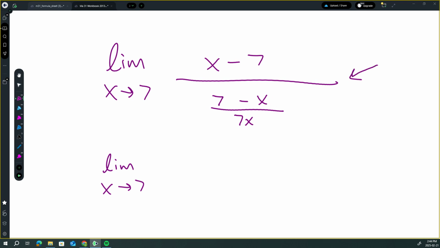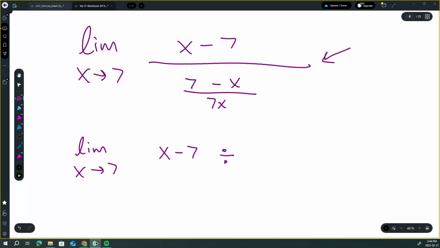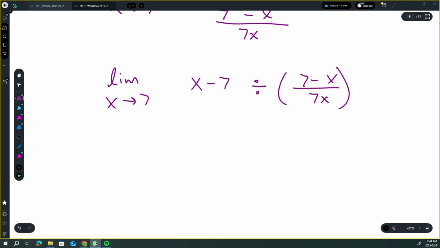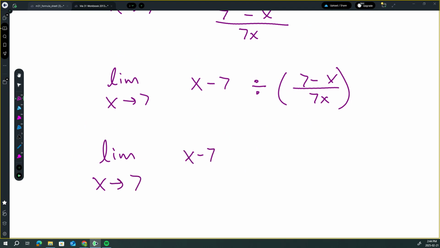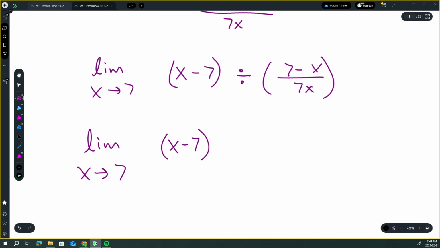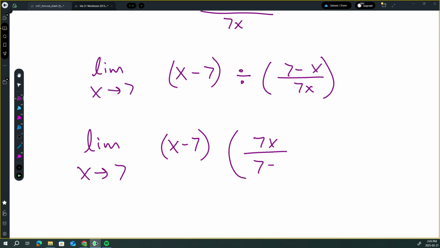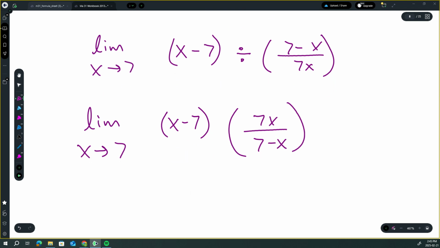I'm just turning this divide by sign into this: 7 minus x divided by 7x. Now, to divide our fractions here, and maybe I should be putting that in brackets. There we go. Flip the divide by sign into a multiply sign and then flip the fraction that comes after it. So 7x divided by 7 minus x.